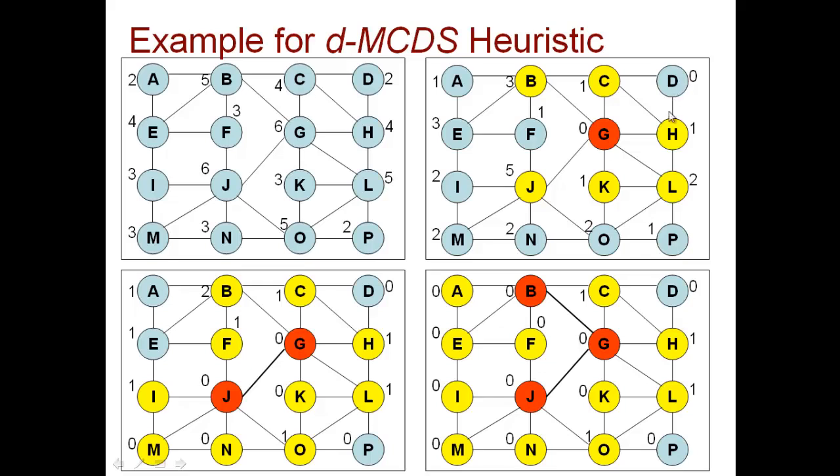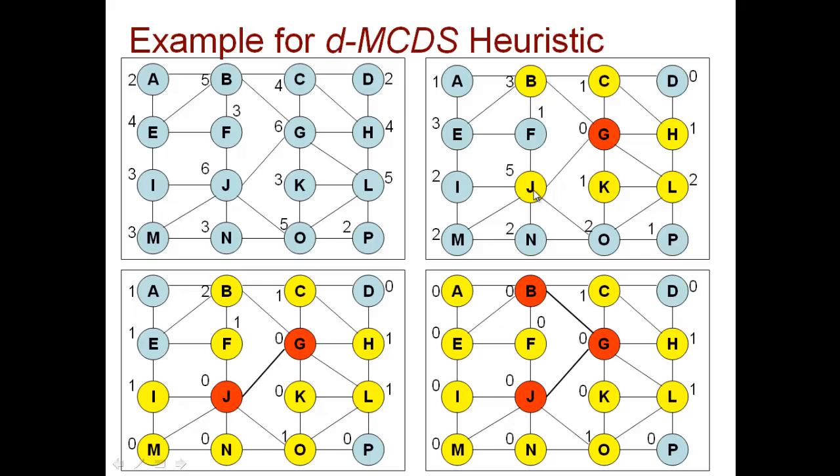So now for node D, the number of uncovered neighbors is 0. Now for node P, only one of its neighbors is covered and one neighbor is not covered. So the number of uncovered neighbors for node P is 1. Now for node N, the number of uncovered neighbors is M and 0, so it's 2. So you redo the calculations for the number of uncovered neighbors.